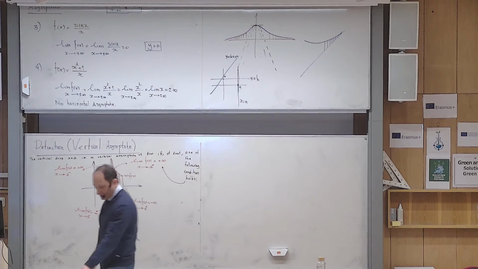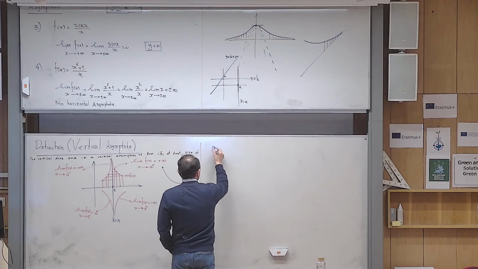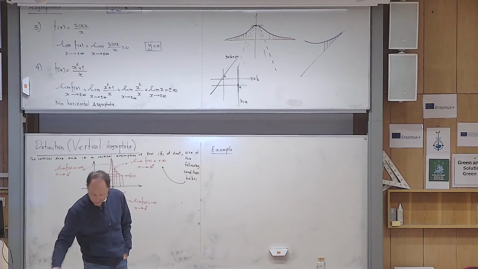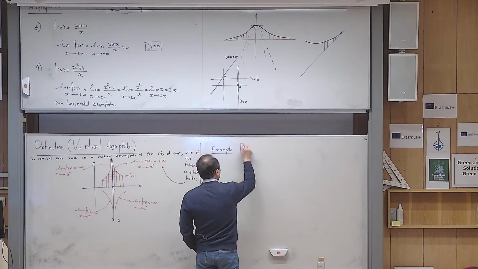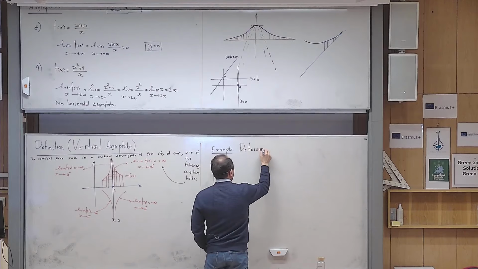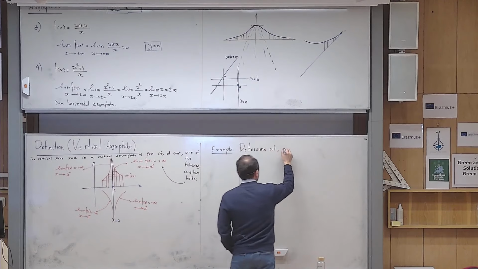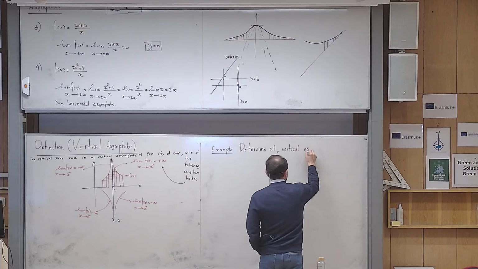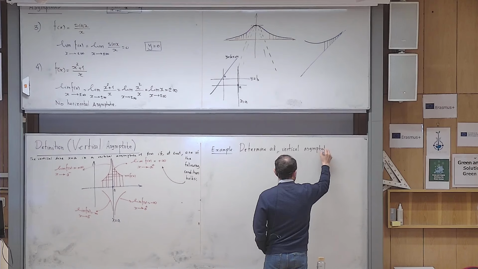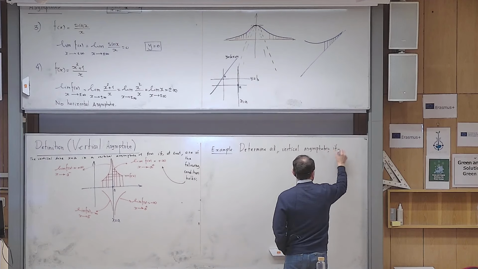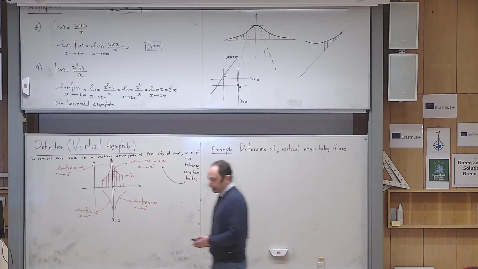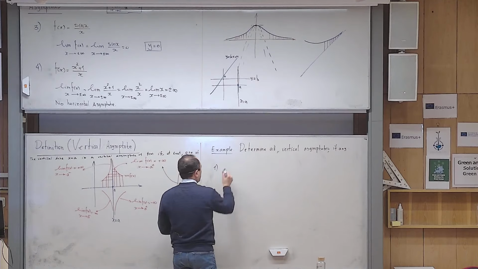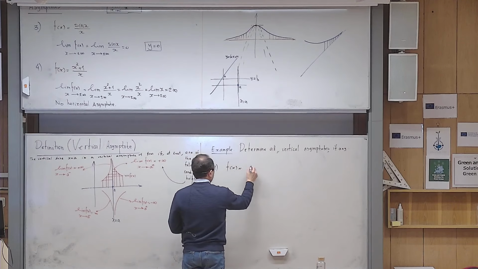So the example is this. Determine all vertical asymptotes, if any. So number one. f of x is 1 over x.